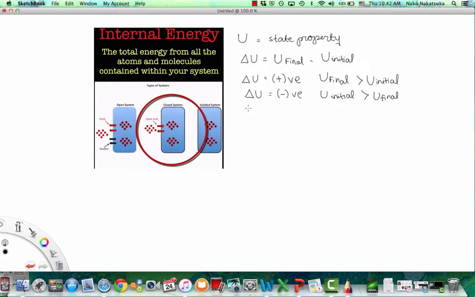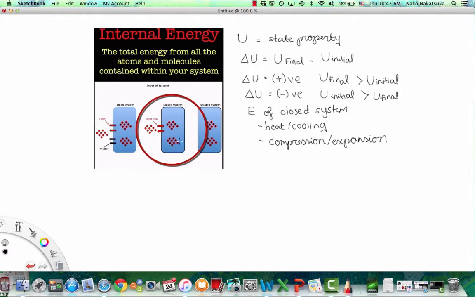So we can change the energy of a closed system by heating or cooling. So an exchange of energy in the form of heat, right? Or by compression or expansion, which I showed in the work example.